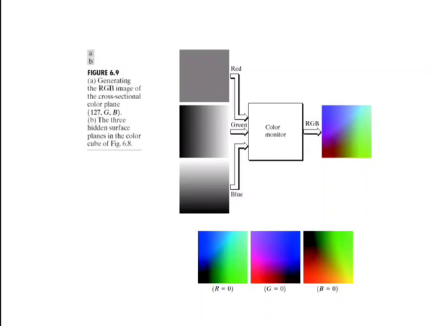When we view a color scene with a monochrome camera equipped with one of these filters, the result is a monochrome image whose intensity is proportional to the response of that filter. Repeating this process with each filter produces three monochrome images that are the RGB component images of the color scene.